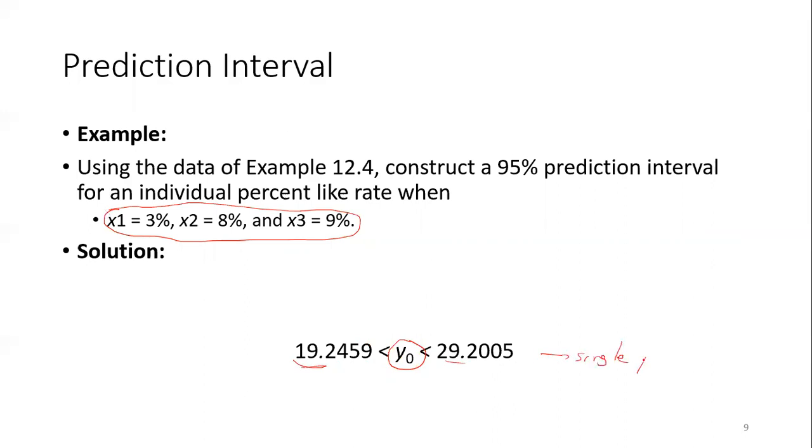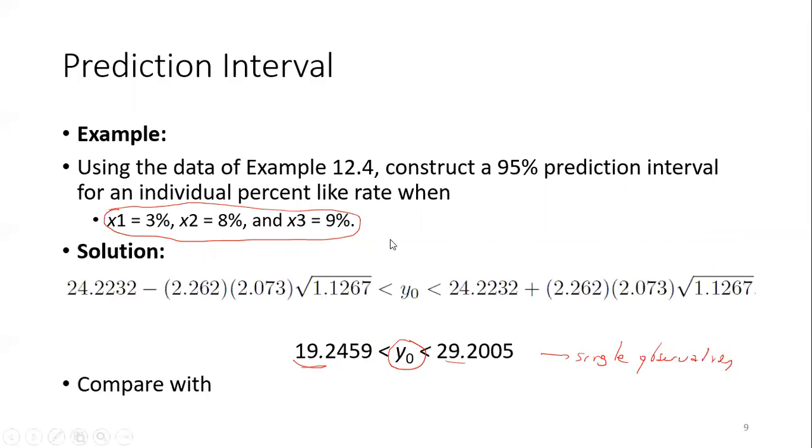This is for a single observation. Okay, this is for a single observation. So, okay, you can just compare it with the previous case, right? Just look at this. This is much wider than the previous confidence interval, where it was an interval for the mean response. Okay, and again, this is for a single response.